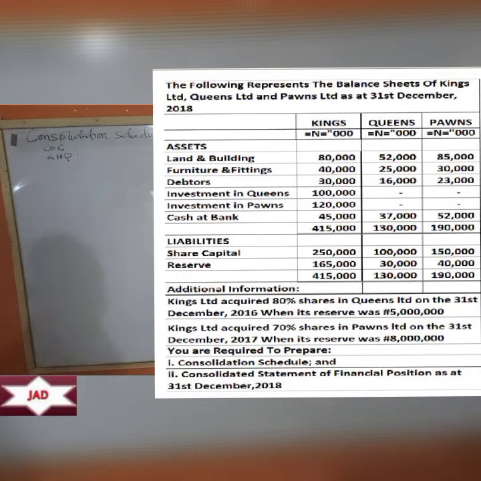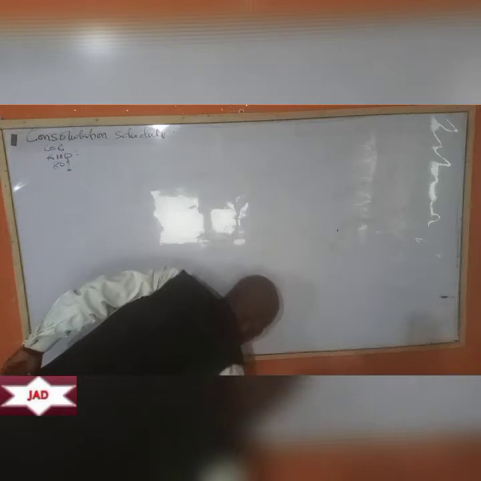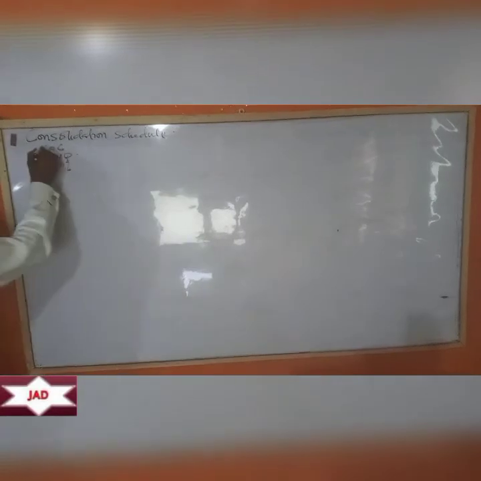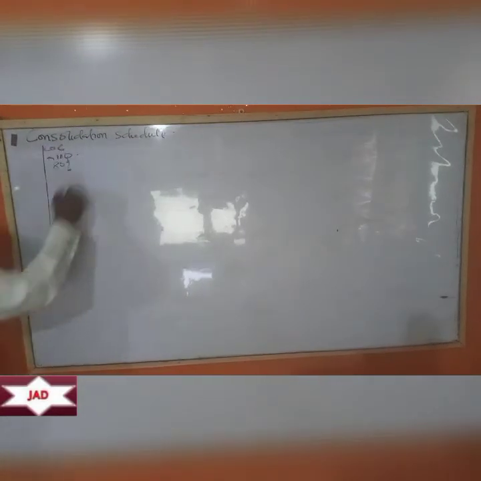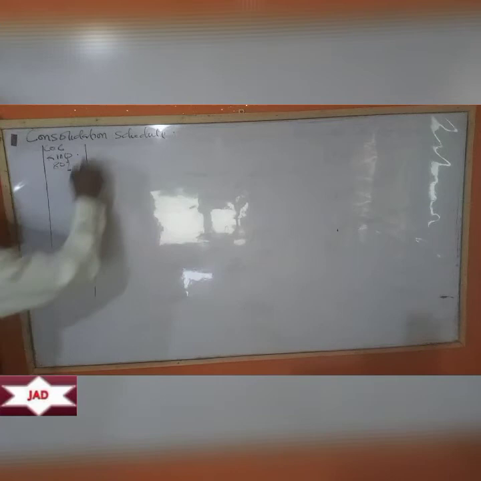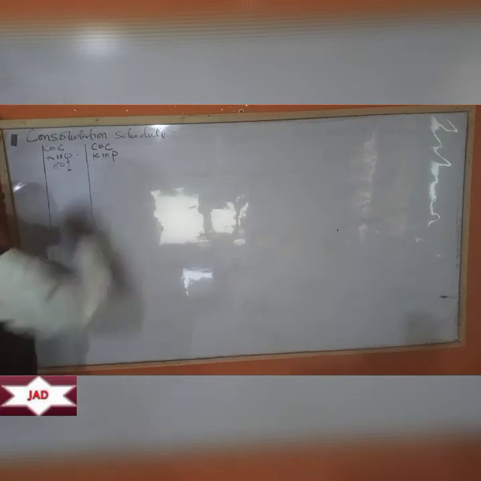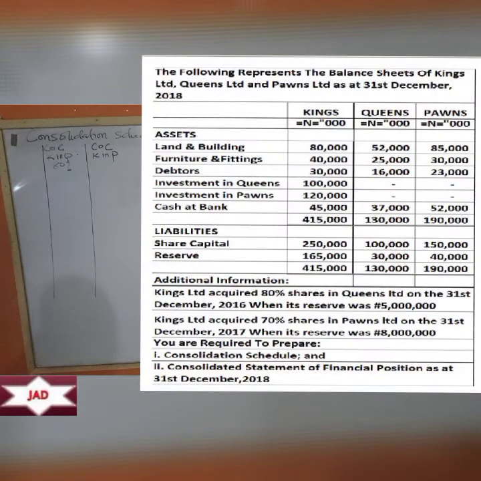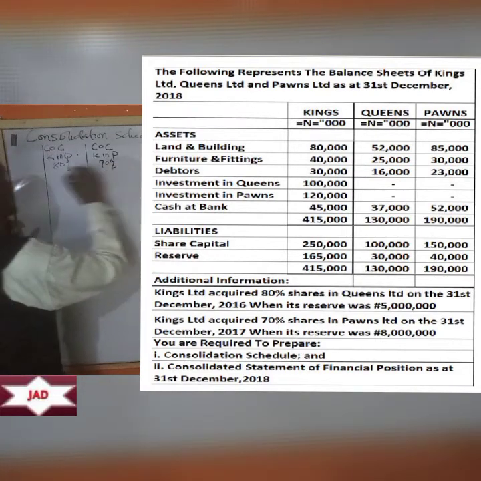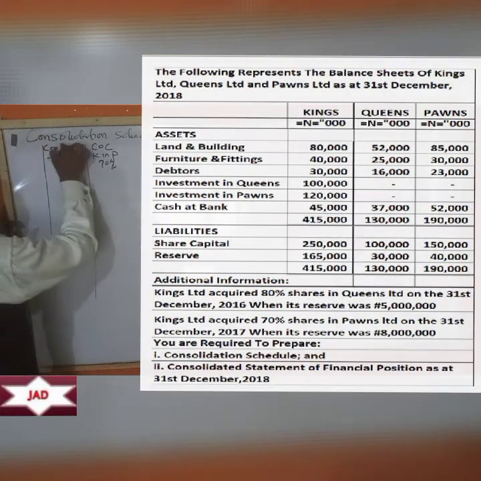They said Kings acquired 80% shares in Queens, so this is 80%. Under cost of control, Kings in Ponds, they said Kings acquired 70% shares in Ponds Limited, that's 70%.